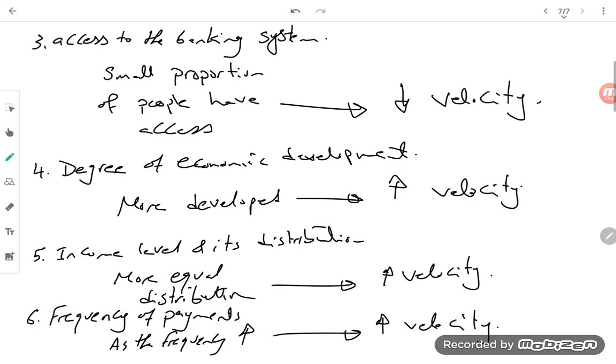If a worker gets paid on a weekly basis, velocity of money would be higher than if he is going to get his income monthly.